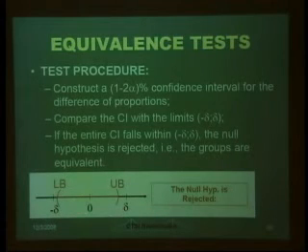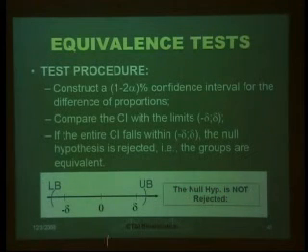So if the confidence interval is entirely within minus delta and delta, that means that the groups are close enough to 0, because I am constructing the confidence interval for the difference of proportions. So the groups are close enough to 0, and I reject the null, and I conclude that the groups are equivalent.